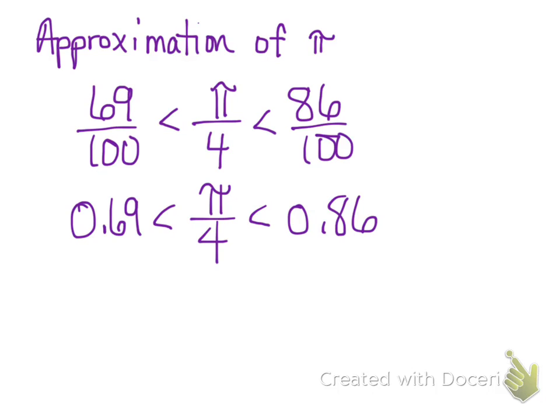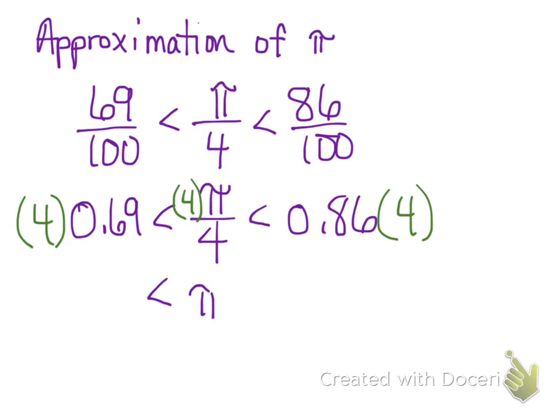Now I want to multiply everything through by 4. And I can do that because of properties of equality, right? So I'm going to multiply this by 4, this by 4, and that by 4. So that's going to give me a new inequality that I know is true, but it's going to have pi in it instead of pi over 4.